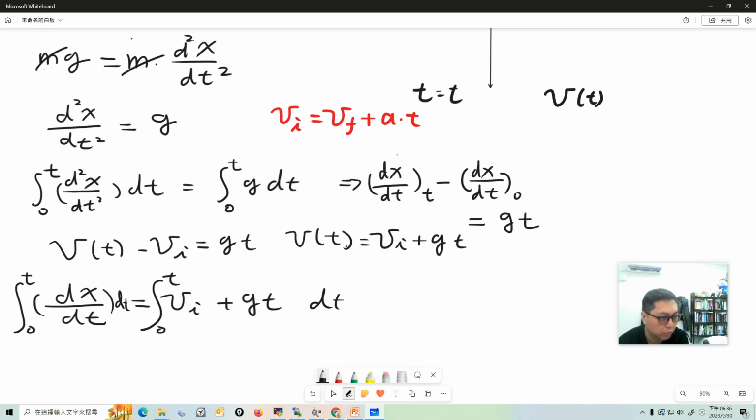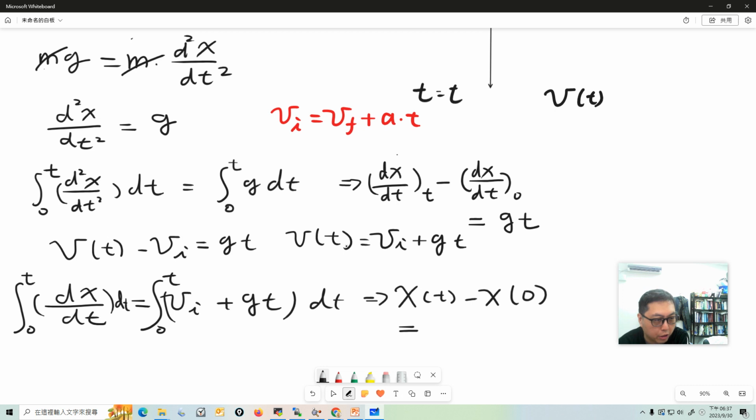What will we get? For the left hand side, I will have x of t minus x at time 0. This equals the right hand side integration, which is actually easy.